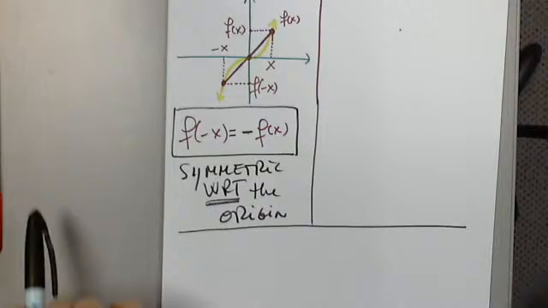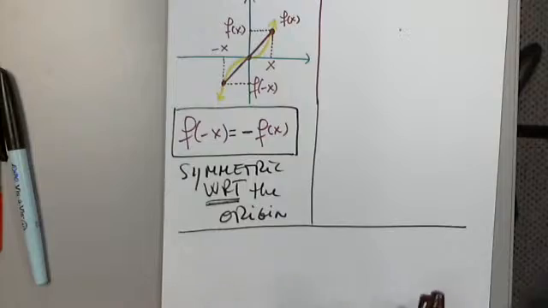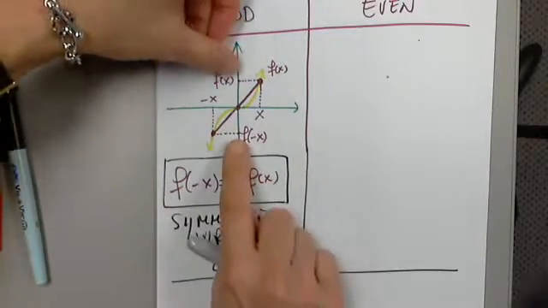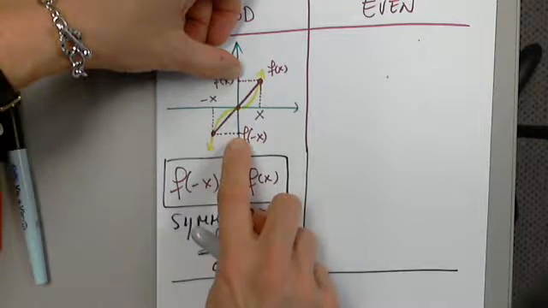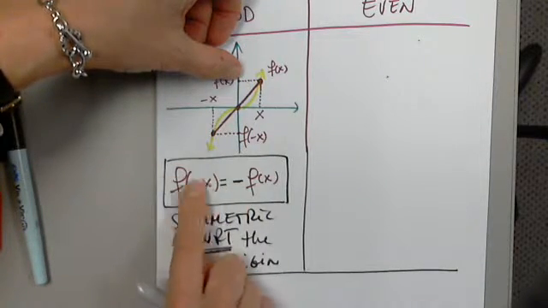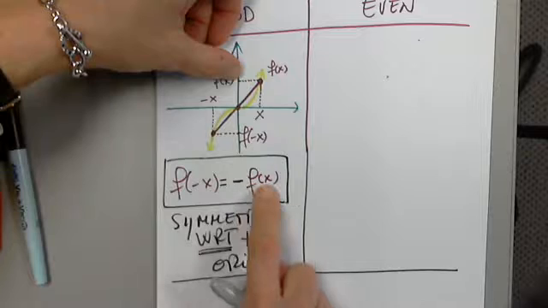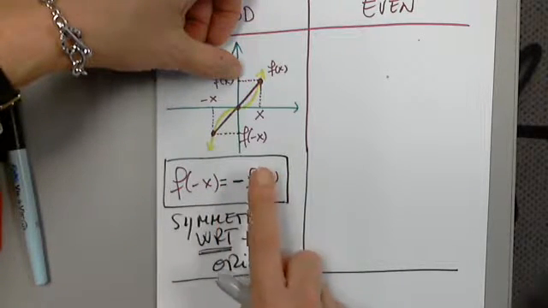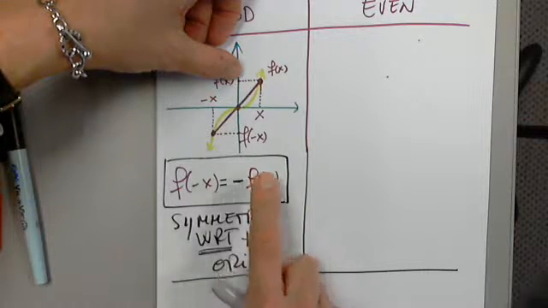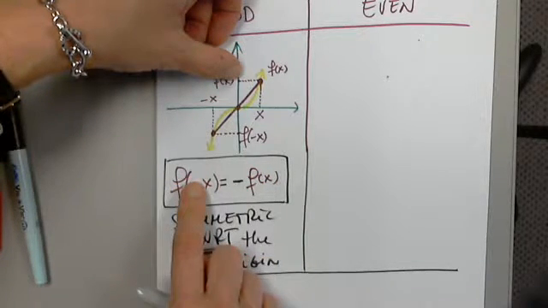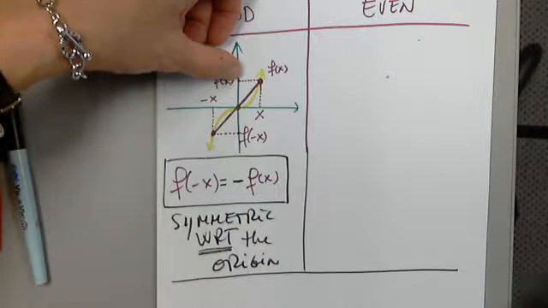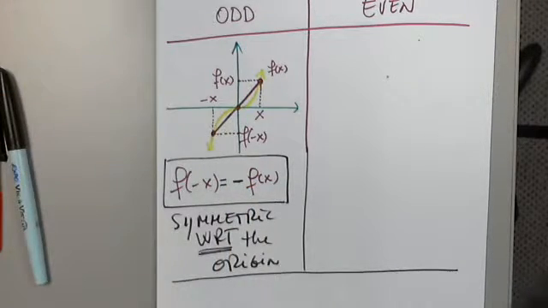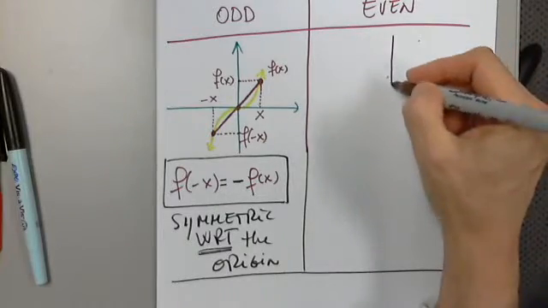I'll give examples in a minute. Now, is this clear one more time, that f of negative x is the opposite of f of x? So if this is 10, this will be negative 10, the opposite of 10. If this is positive 5, then this will be the opposite, negative 5.